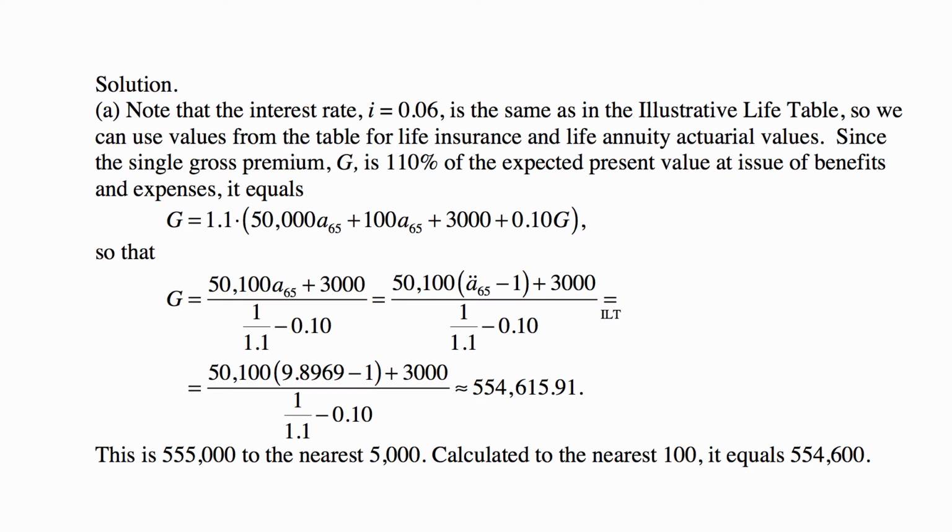And this is an equation in which G is the unknown, and there are certain values of annuities that we need to figure out. But a65 is equal to ä65 minus 1, and ä65 is given in the illustrative life table.